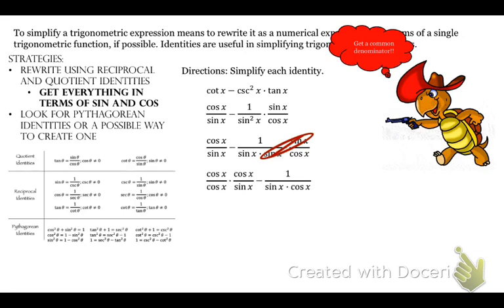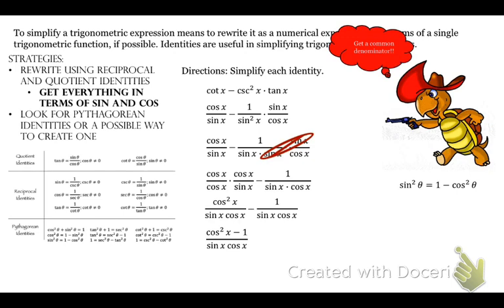So we're going to multiply that by cosine over cosine. We end up with cosine squared of x over sine of x cosine of x, minus 1 over sine of x cosine of x. So that's cosine squared of x minus 1 over sine of x cosine of x. Well, now it looks like we have sine squared of theta equals 1 minus cosine squared of theta. And this is super close to what we have here, except the signs are off.